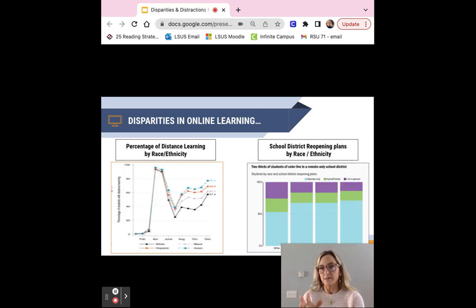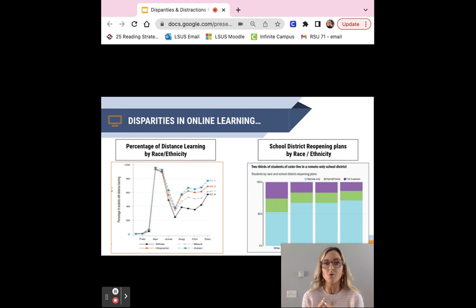Here, I took a look at percentage of distance learning by race and ethnicity, and then I looked at school districts reopening by race and ethnicity. This first graph presents trends by race and ethnicity, as I said. And again, if you zoom in, you can see what each color represents. Students from each of the observed racial and ethnic categories faced similar rates of distance learning in April.